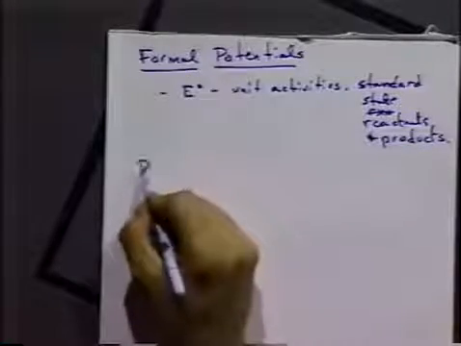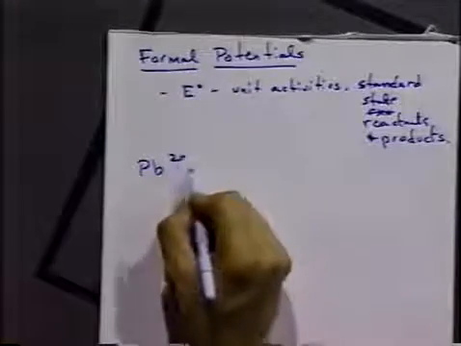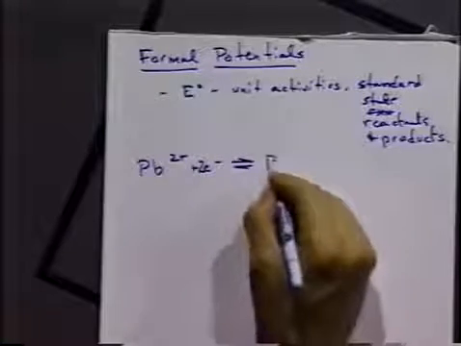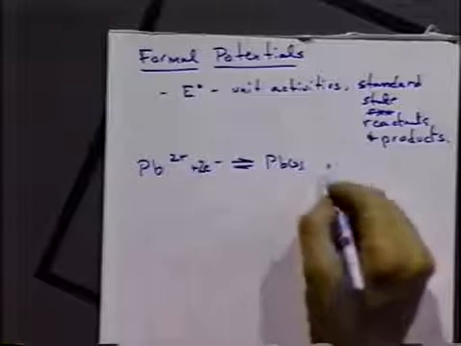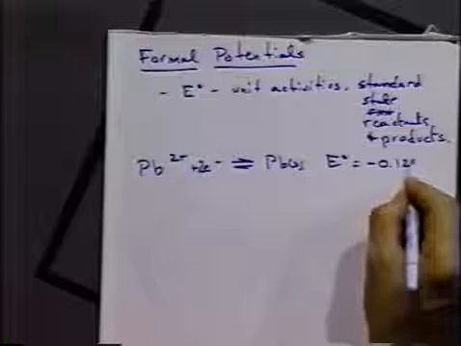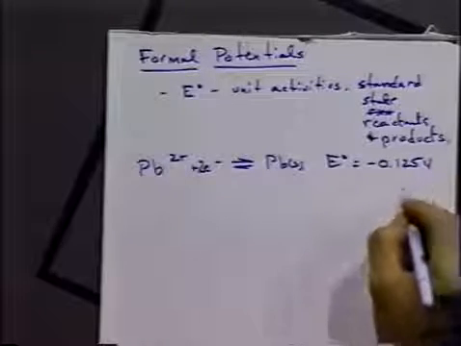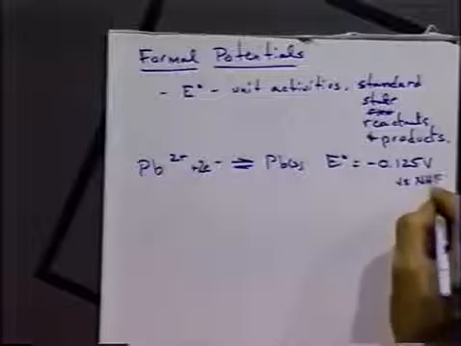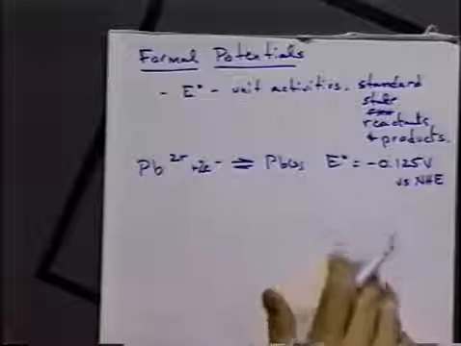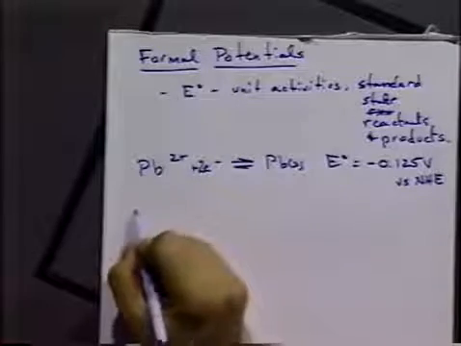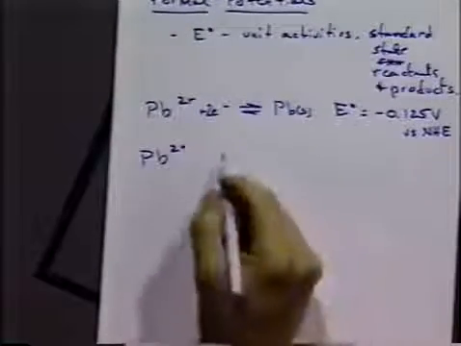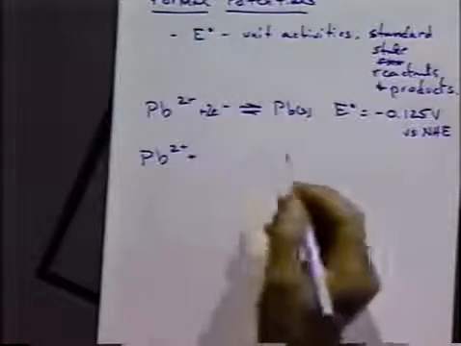So for example, we have a material like a lead ion plus 2 electrons in equilibrium with solid lead metal. We can have an E0 equal to minus 0.125 volts versus NHE. And again, that would have lead ions at unit activity in solution. However, it's difficult to prepare such a system because often we need to prepare that in some sort of solution.